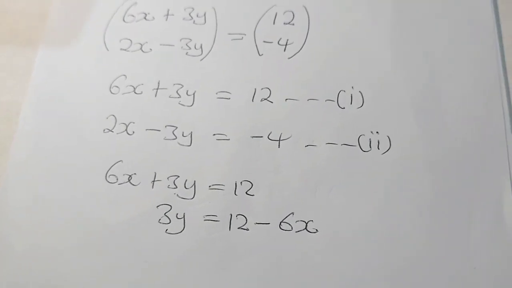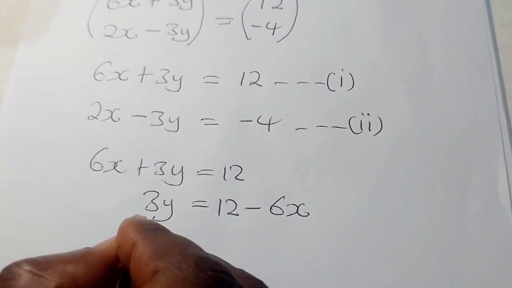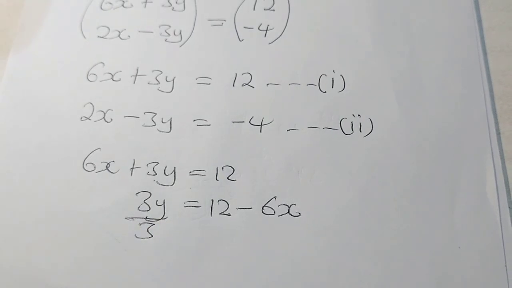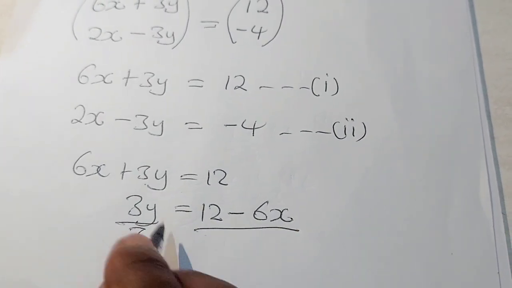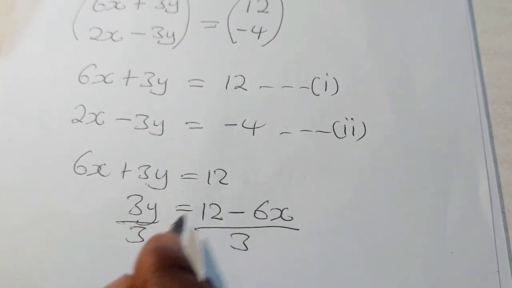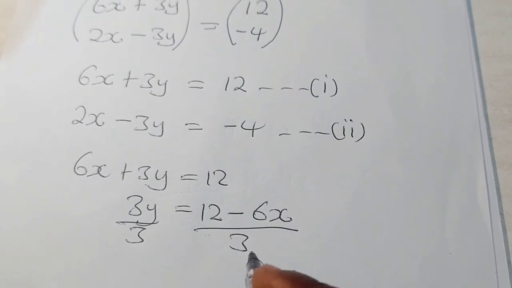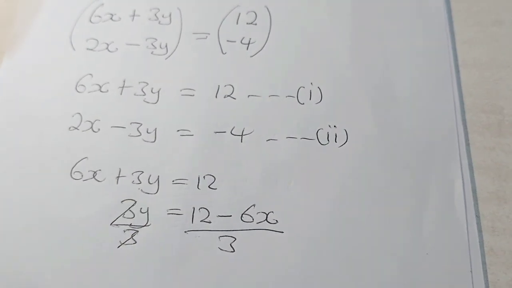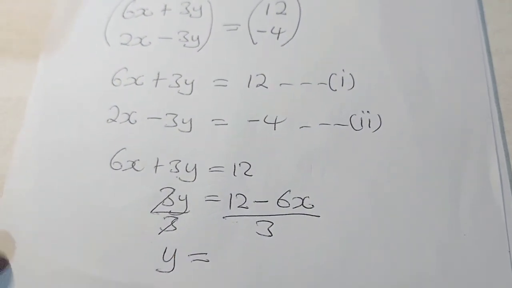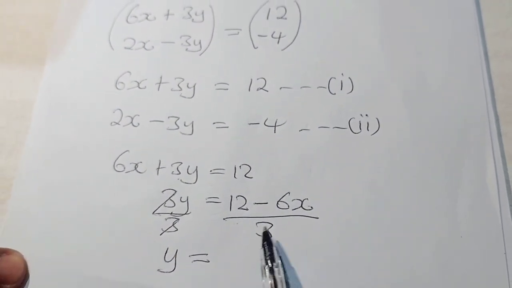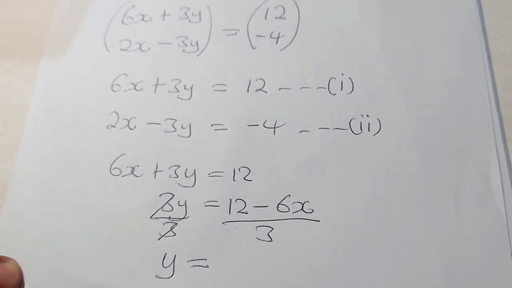So there we are. I want to make y the subject, so I have to divide to get rid of 3. So 3y will be divided by 3, and the other side will also be divided by 3. So it will be 12 divided by 3, and negative 6x divided by 3 as well. So 3 and 3 cancel out. Then we're going to have y equals 12 divided by 3, the answer is 4.